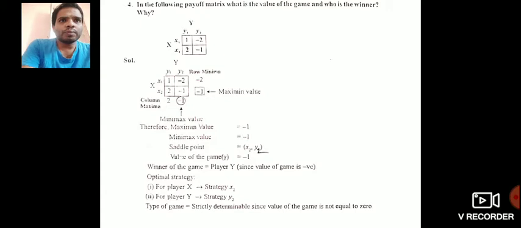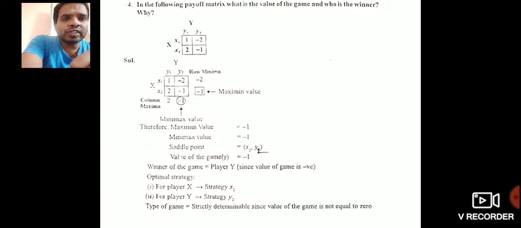Now the third problem. Again here we have two players, player x and player y, and x1 and x2 are the strategies used by player x, y1 and y2 are the strategies used by y. Now apply the maximin principle here. In the x1 row we get the minimum value -2, and in the x2 row -1.